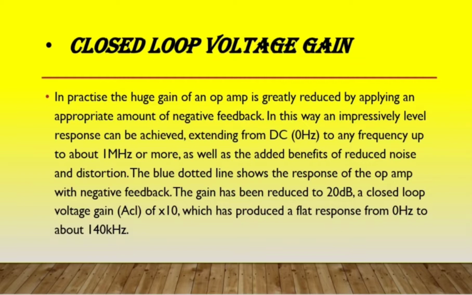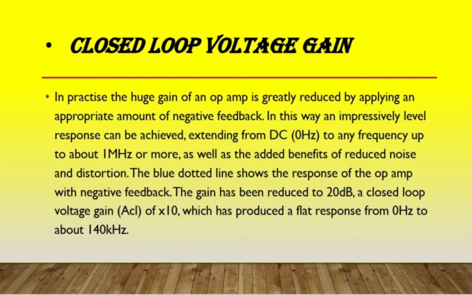The blue dotted line shows the response of the operational amplifier with negative feedback. The gain has been reduced to 20 dB, a closed-loop voltage gain (ACL) of x10, which has produced a flat response from 0 Hz to about 140 kHz.